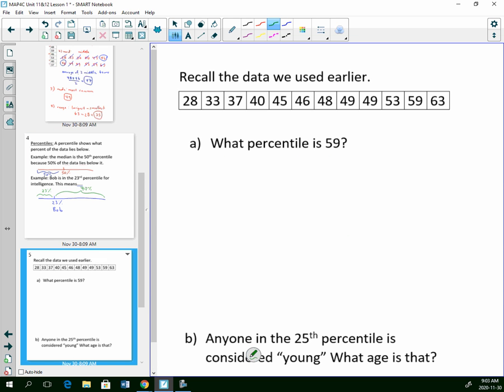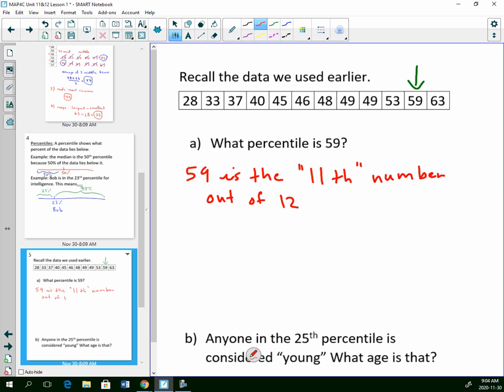So if we have the same set of data and we say what percentile is the number 59, okay? So here's 59. I've ordered them, right? There's 12 numbers, and 59 is the 11th number out of 12. So we're trying to figure out where it lies in this data.